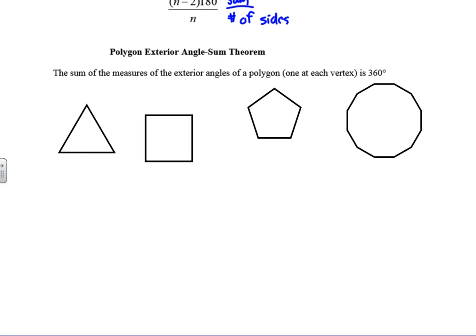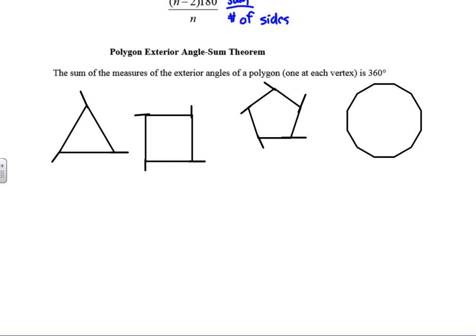Okay, so how do we find exterior angles? Well, exterior angles are found by extending one side. The exterior angle is always adjacent to the interior angle, and you find it by extending a side.